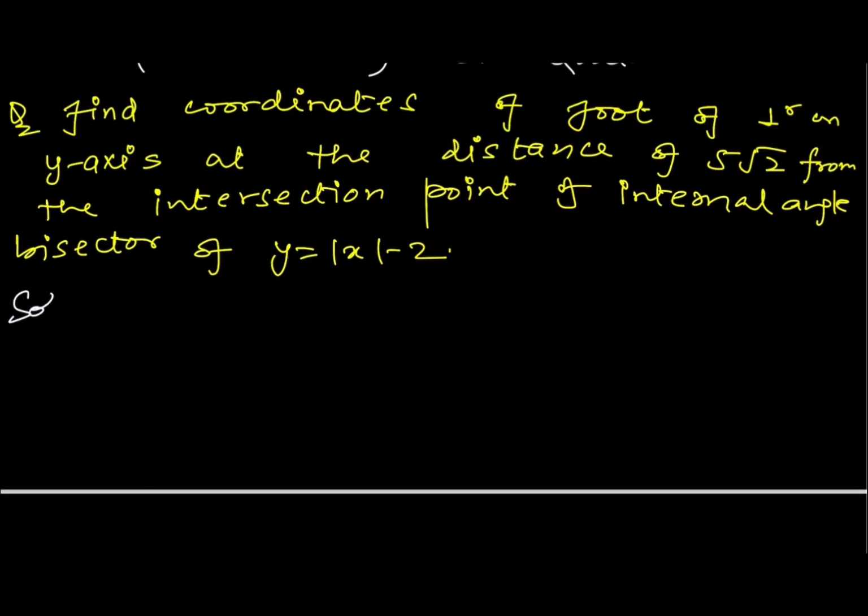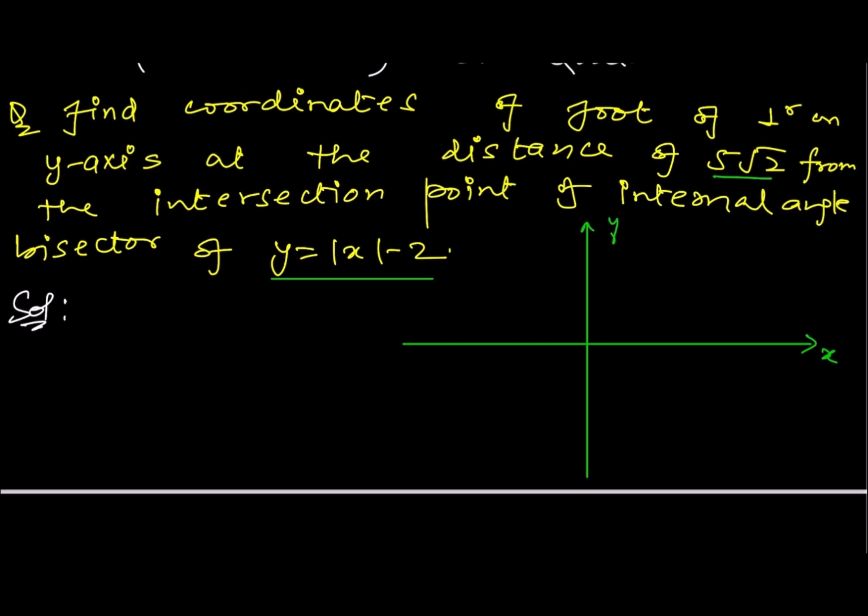So what I am seeing in this question, let us draw diagram first. We have to find the coordinates of foot of perpendicular on y-axis at the distance of 5 root 2 from the intersection point of internal angle bisector of y is equal to mod of x minus 2. Means, first of all, draw y is equal to mod of x minus 2.